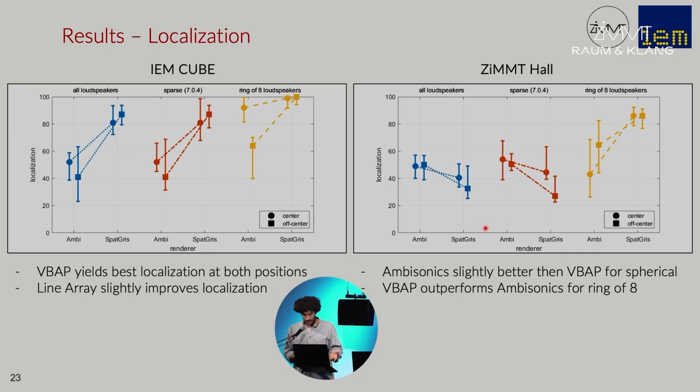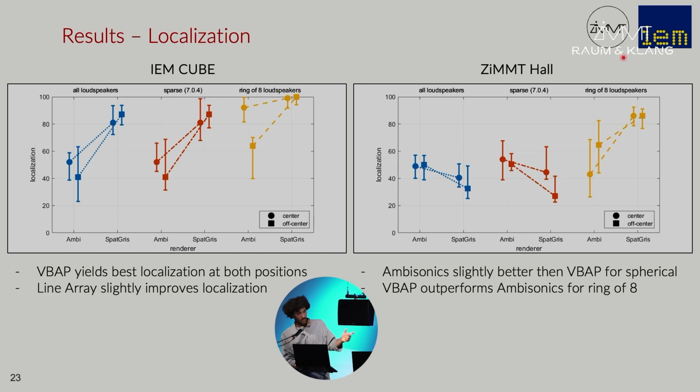Here, conversely, Ambisonics performed better, and that was because the virtual sources were positioned between the loudspeaker positions, which means that we have more than one active loudspeaker. And at the end, it seemed like that made a difference.